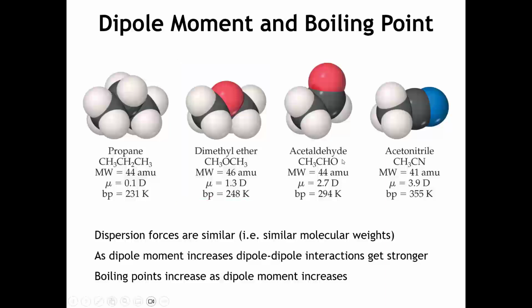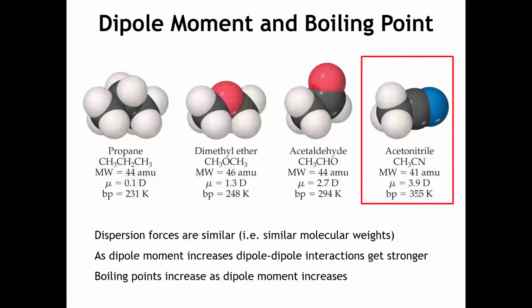Then when we go to acetaldehyde, whose shape is shown here, the dipole moment basically doubles, and the boiling point now is quite close to room temperature. If we were to go to acetonitrile, which we were talking about on the last couple of slides, the dipole moment goes up again, almost tripling from the value it was in dimethyl ether, and we can see now the boiling point is going up to 355 Kelvin.